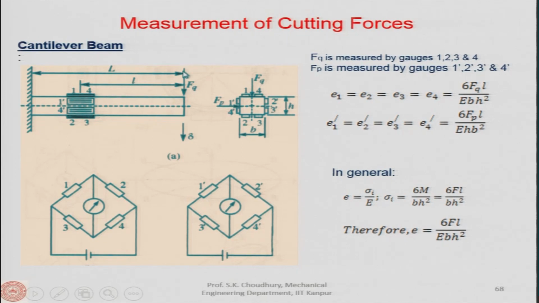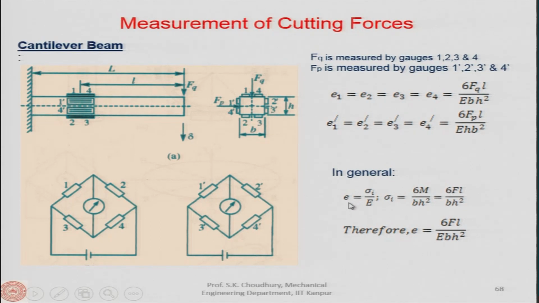Now, if the point of application of the force is known, in this case Fq is applied at a distance of small l. Let us say this is the small l from the sensor where the force has to be sensed. If it is known, then whatever moment is here can be written as F and the l, the moment, divided by bh square.